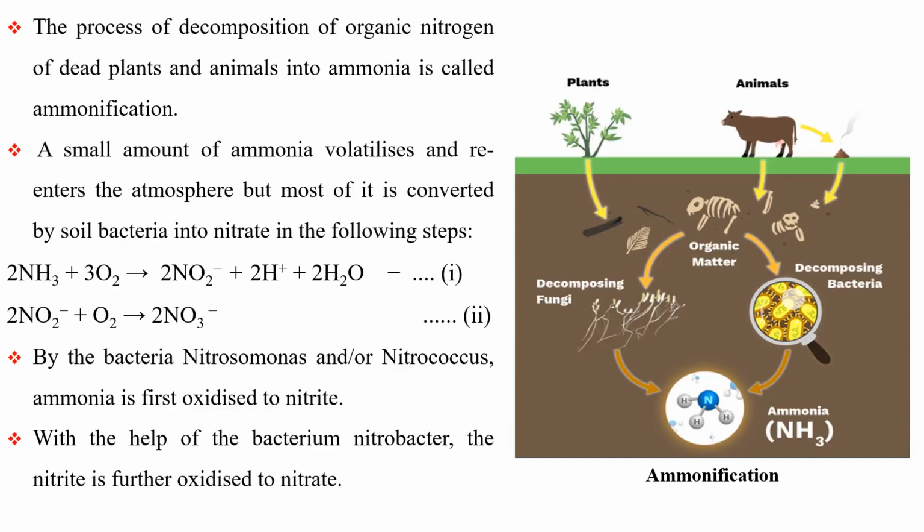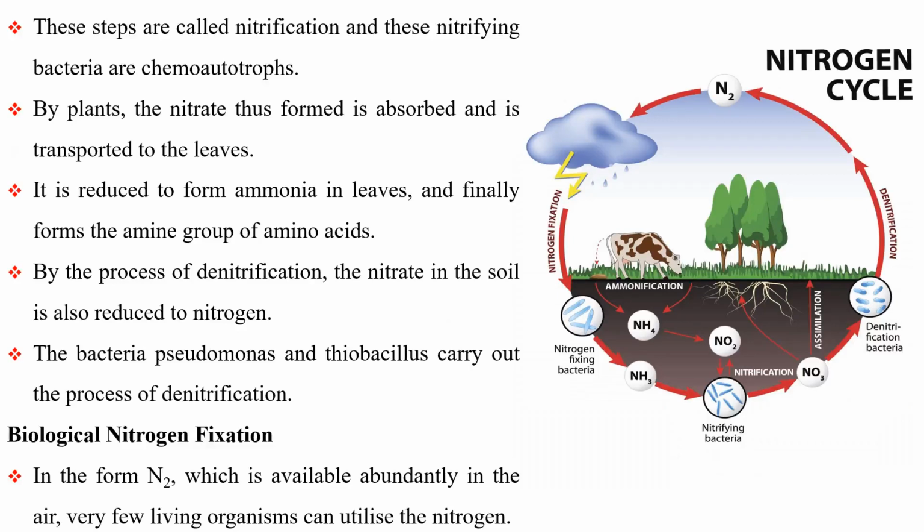By the bacteria Nitrosomonas and or Nitrococcus, ammonia is first oxidized to nitrite. With the help of the bacterium Nitrobacter, the nitrite is further oxidized to nitrate. These steps are called nitrification, and these nitrifying bacteria are chemoautotrophs.